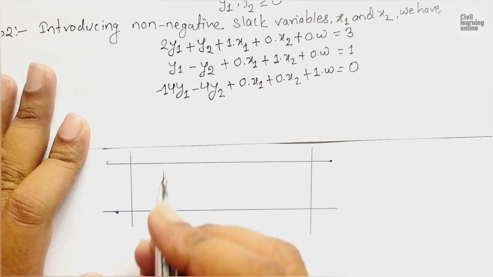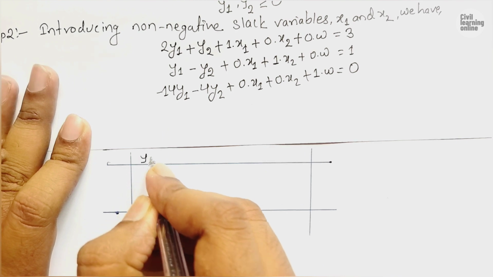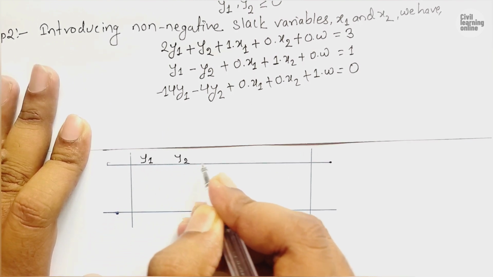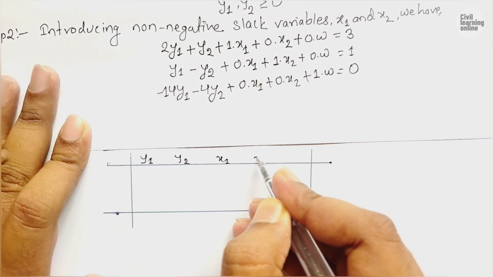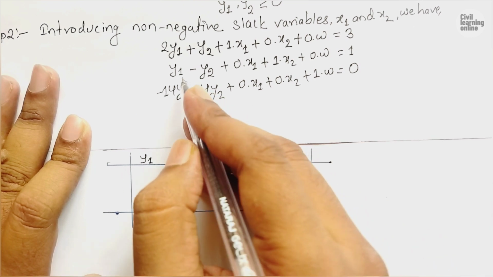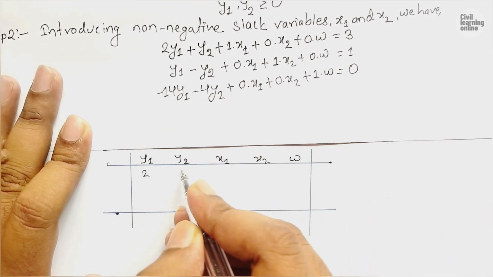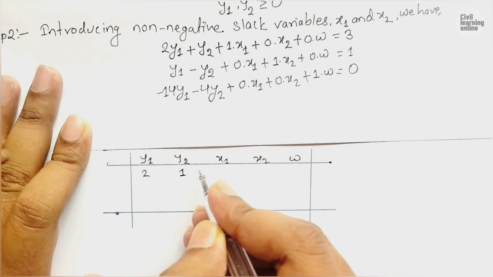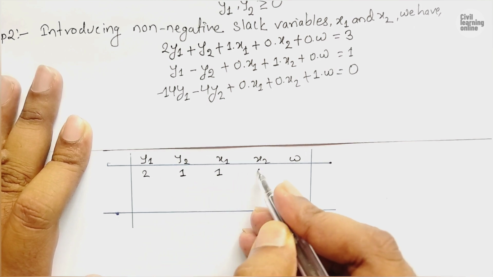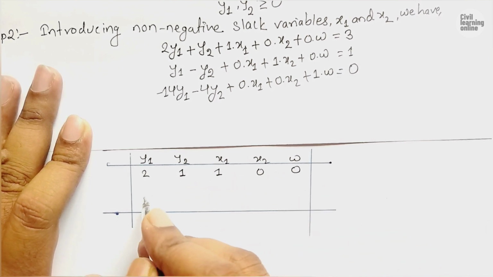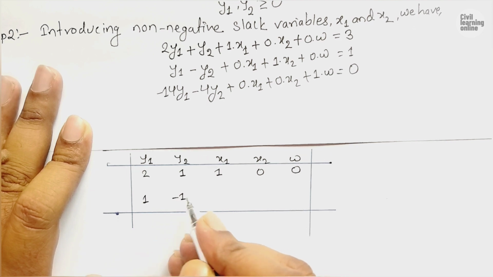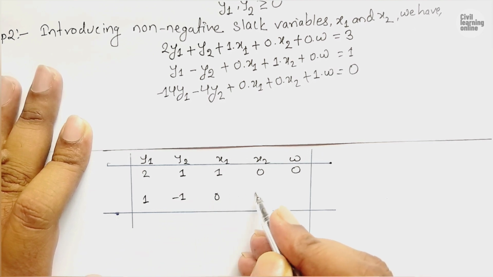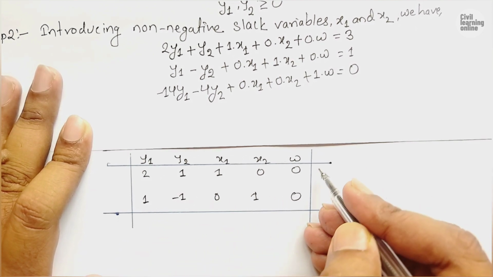So here the first one is y1, so right here y1, y2, x1, x2 and w, and the coefficients are 2, 1, 1, 0, 0, and then 1, minus 1, 0, 1, 0, and 3, 1.